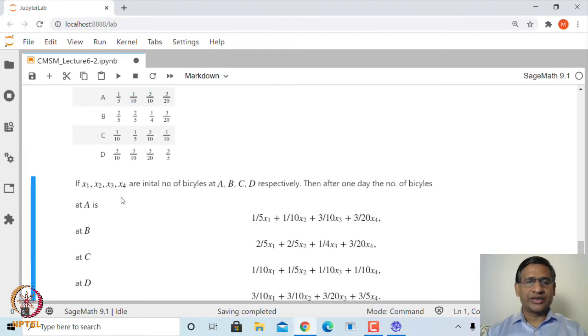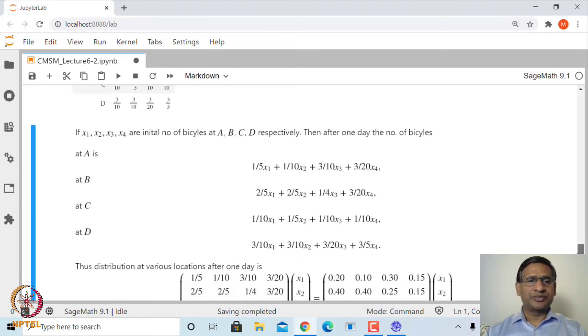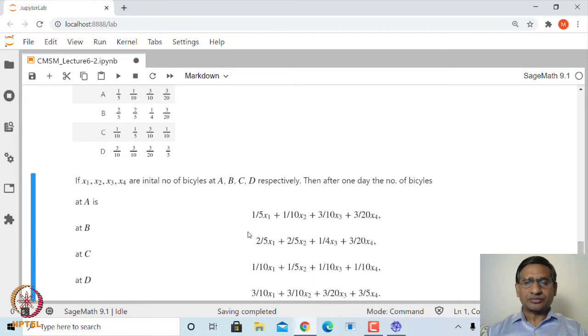Now, let us look at the fraction of cycles that come back at A. Suppose you have x1 at A, x2 cycles at B, x3 at C, x4 at D. So, x1 times 1/5 will come back at A, x2 times 1/10 will come back at A, 3/10 of x3 will come back at A, and 3/20 of x4 will come back at A. So, the total number of cycles at A after one day will be this.